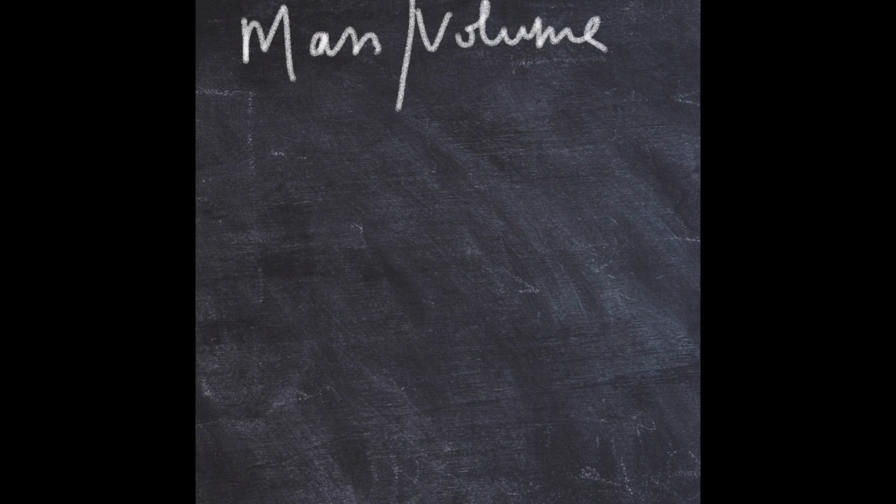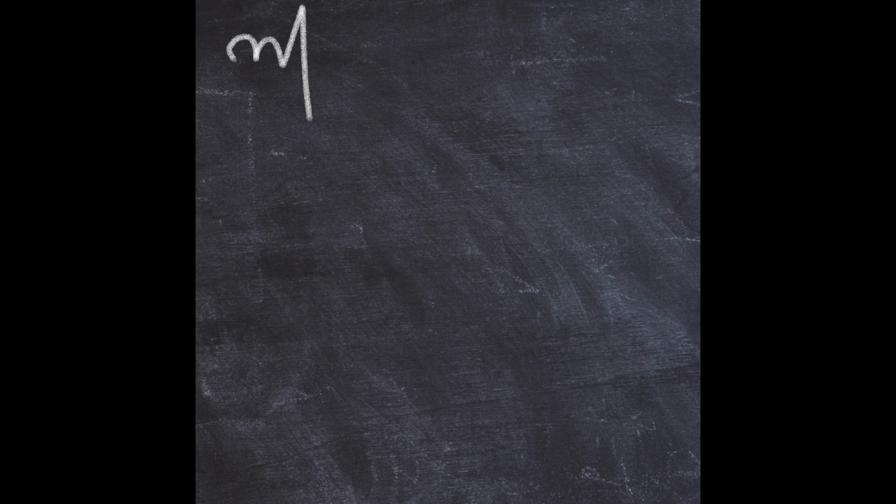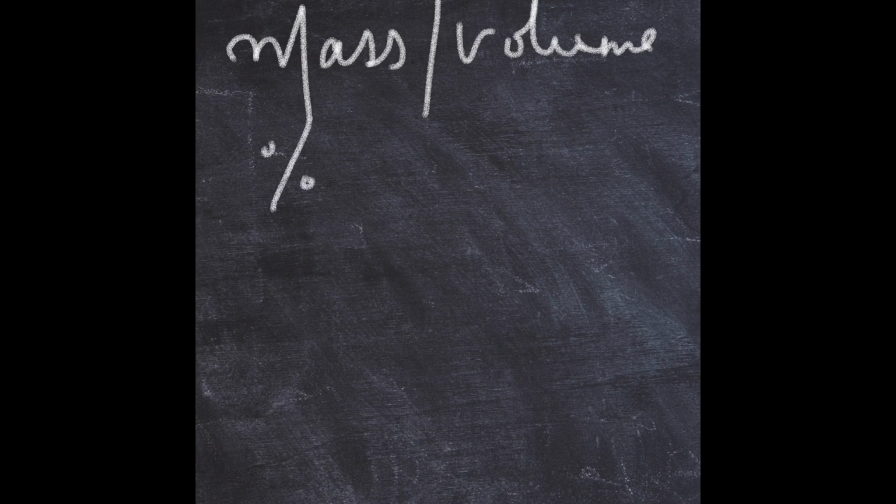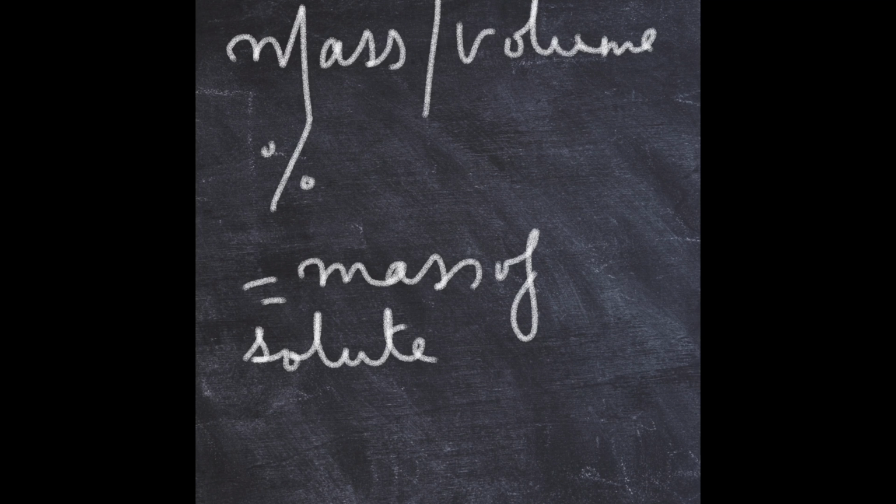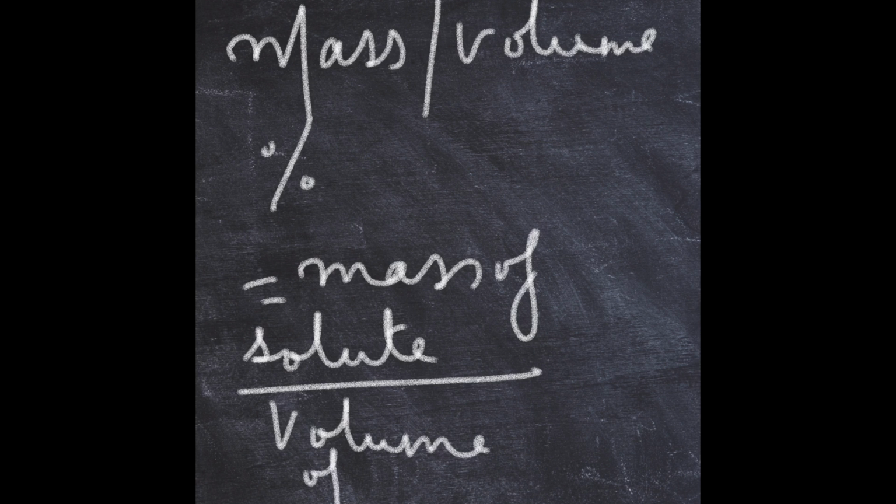Mass by volume percent. The formula is mass of solute divided by volume of solution into 100.